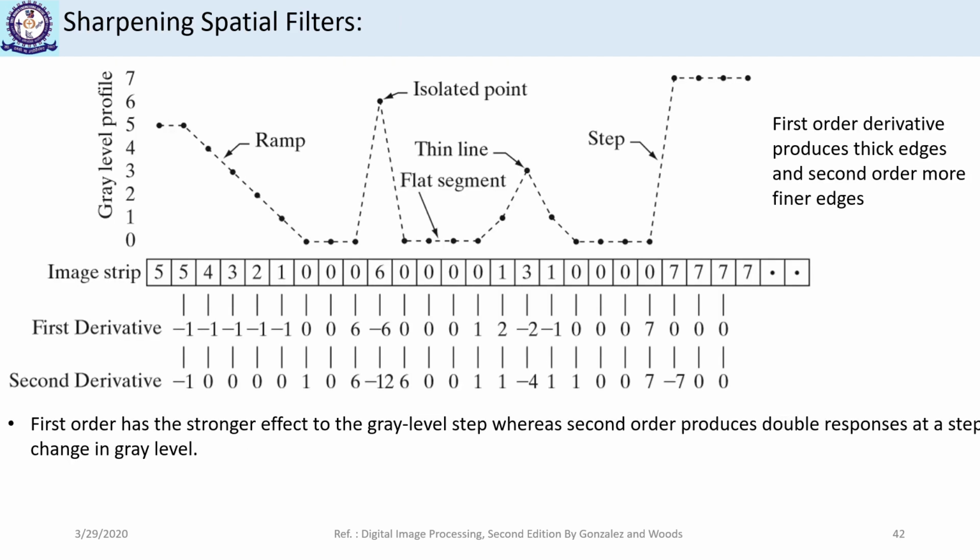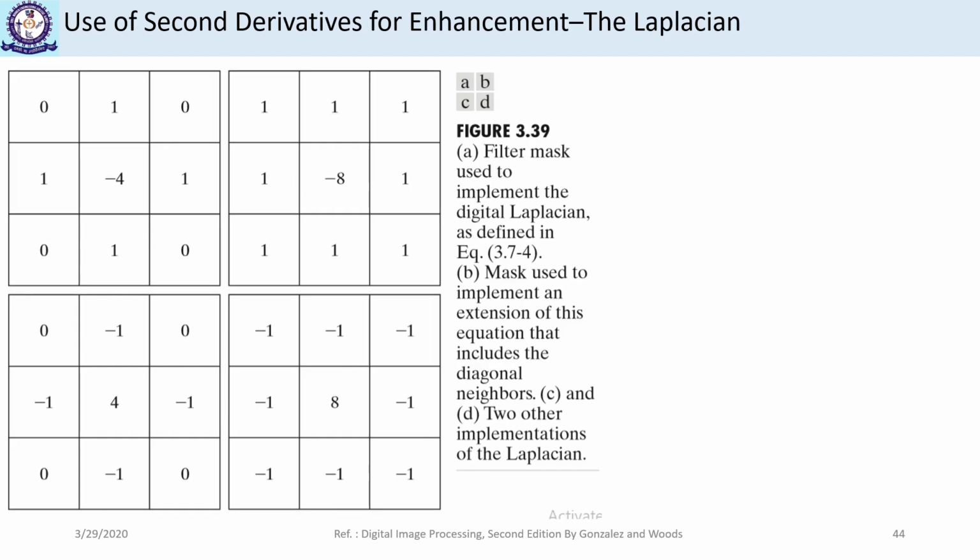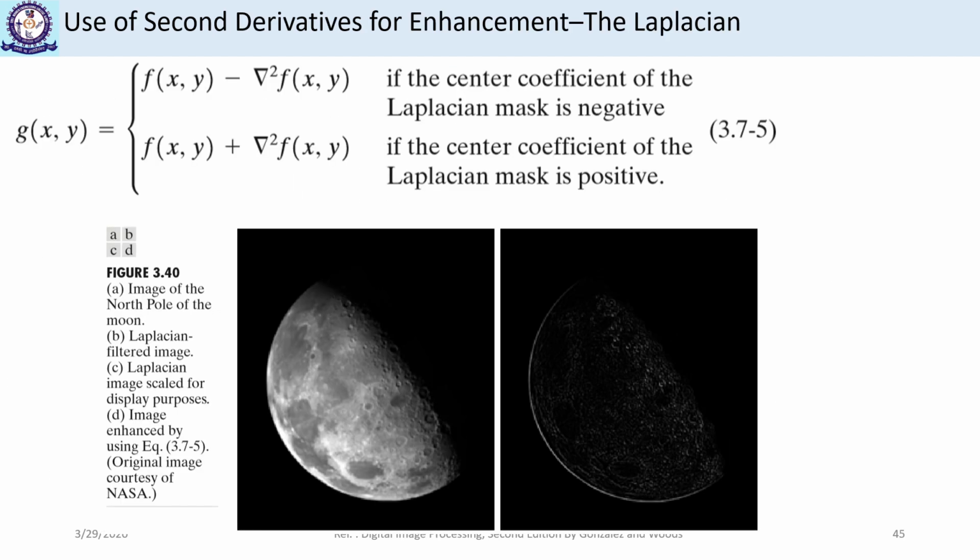When we get the finer information, it is added to the original image. Here we have the finer information, and this is our original image. If I add this into the original image, I get the enhanced image.